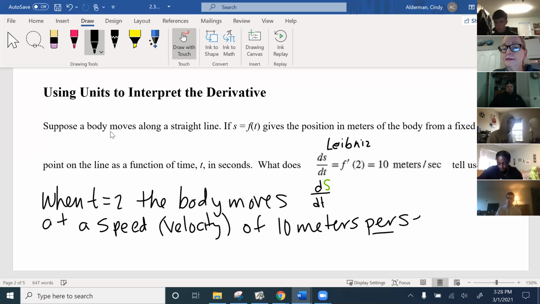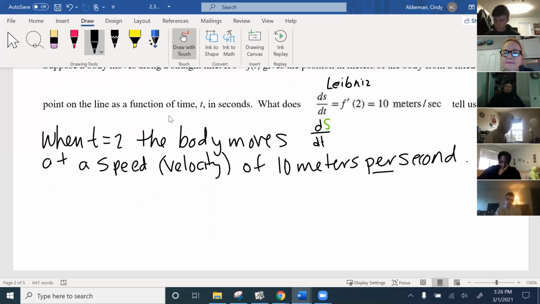Meters per second. Now here's the important stuff. We know that the derivative is speed, right? So if you put 2 in, that's time, in seconds. After 2 seconds of being on this travel, he's going 10 meters per second. That's the speed that he's going.